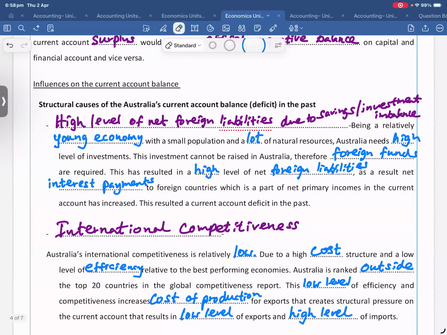Because not enough money is left. Then what do we have to do? We have to borrow money from overseas, because we don't have money domestically. So as a result, what happens?